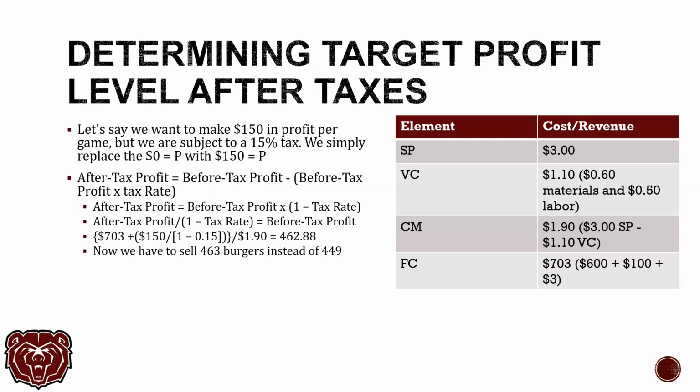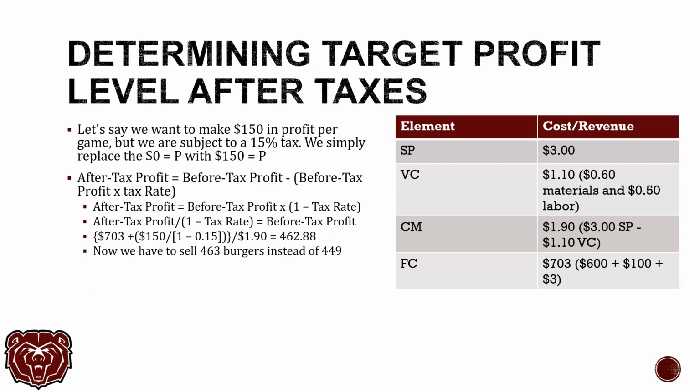Now, one thing that we also have to take into consideration is that in the United States of America, we also have to pay taxes. So we have to determine our target profit level after taxes on occasion. Let's say we still want to make that $150 in profit per game, but we are subject to a 15% tax. Maybe that's local, maybe it's state, maybe it's federal, we don't know, it's just a 15% tax.